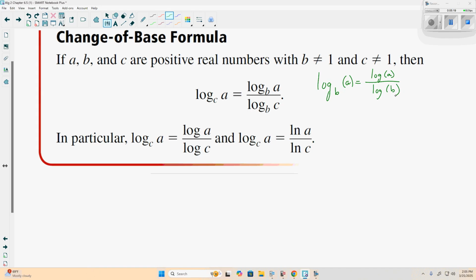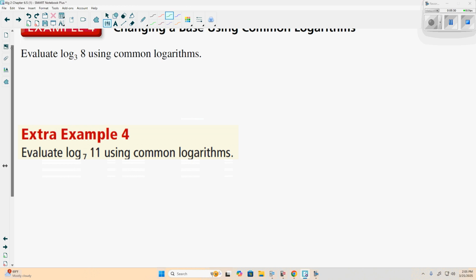And the same thing is true for natural logs. We can also write it as a natural log. So we look at this here, log base 3 of 8. If we're going to rewrite this using the change of base, we'd have log of what's inside, so log of 8 over log of its base, which would be log of 3.